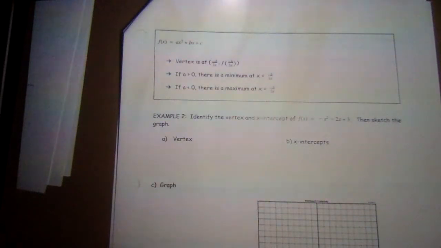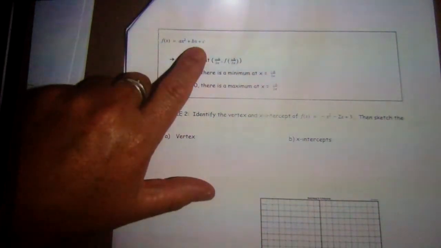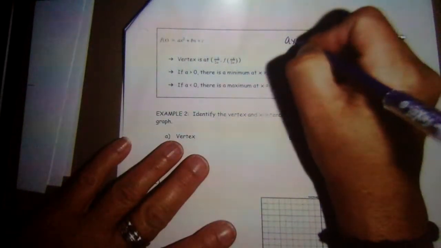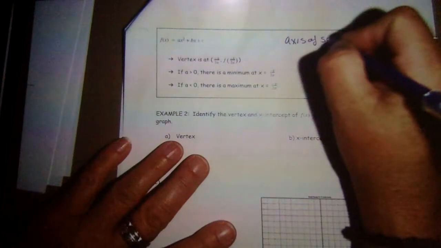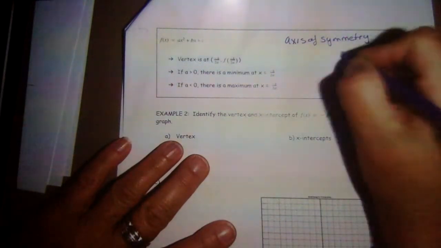So if we're looking at it in general form, standard form, ax squared plus bx plus c, the axis of symmetry is found at x equals negative b over 2a.